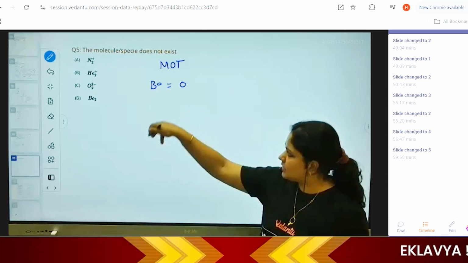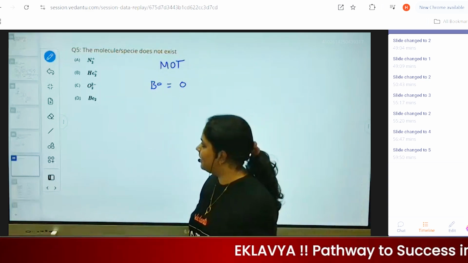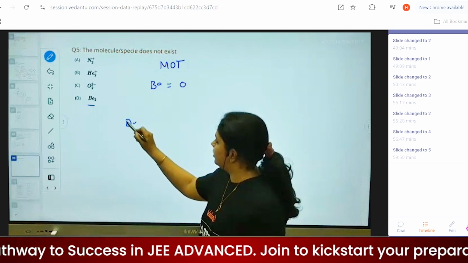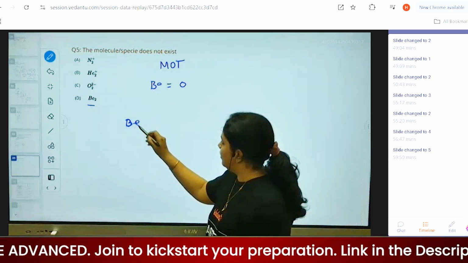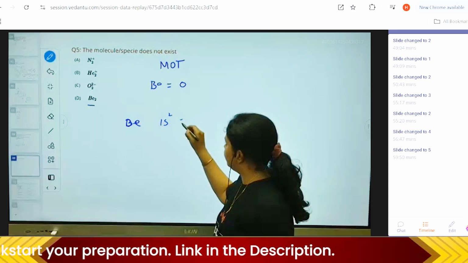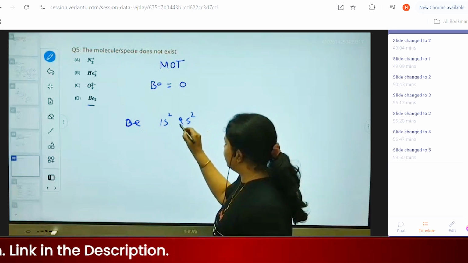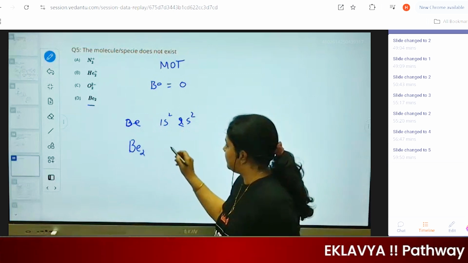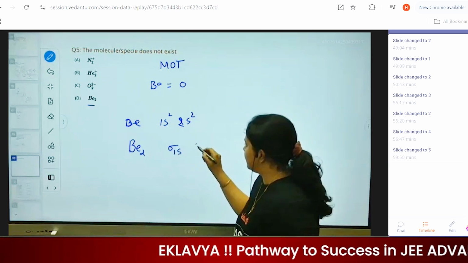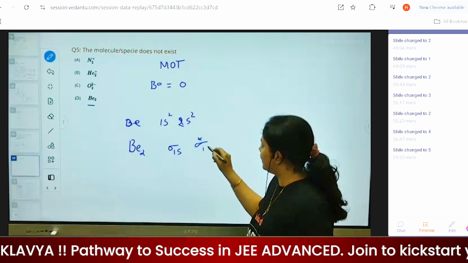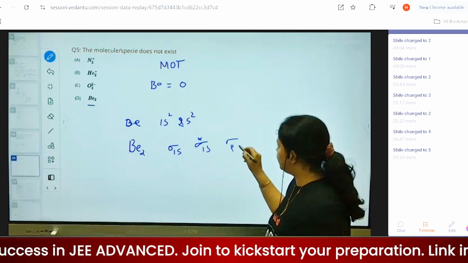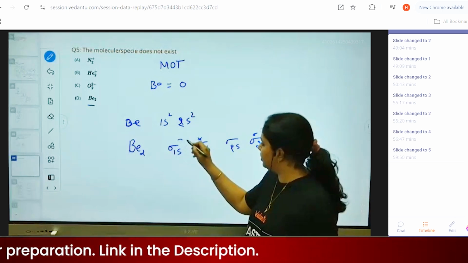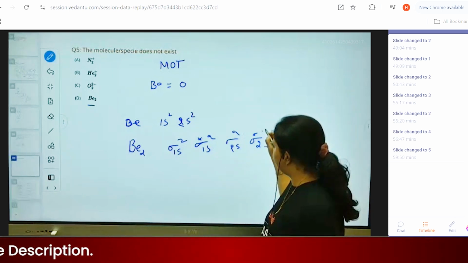So amongst these, if we write down the orbital diagram, especially for Be2, beryllium, what is the electronic configuration? Beryllium, 1s2, 2s2, correct? So for Be2: sigma 1s, sigma star 1s, sigma 2s, sigma star 2s. 4 here, 2 here, 2 here, 2 here, 2 here.